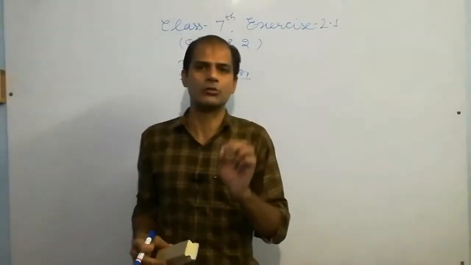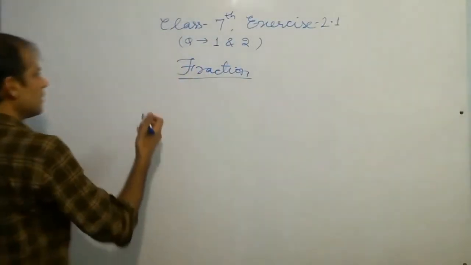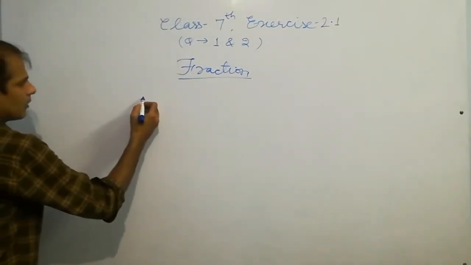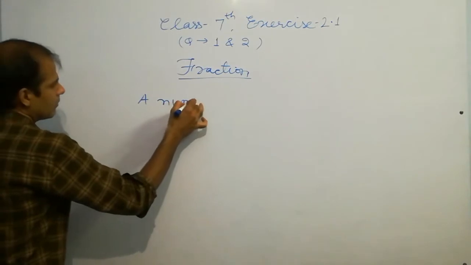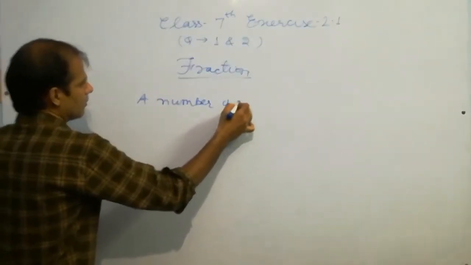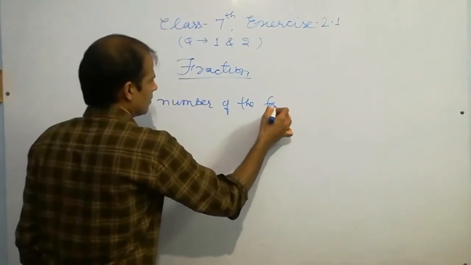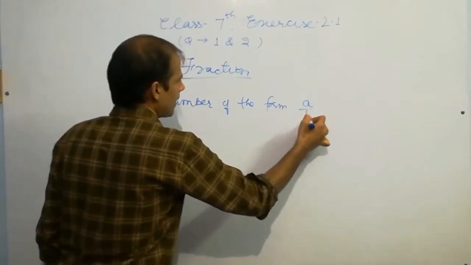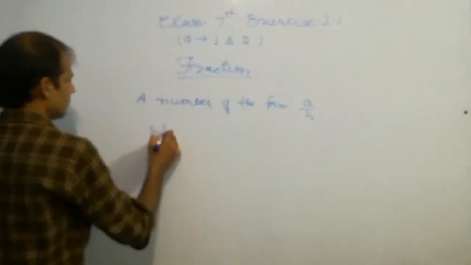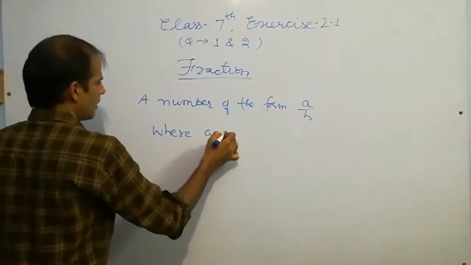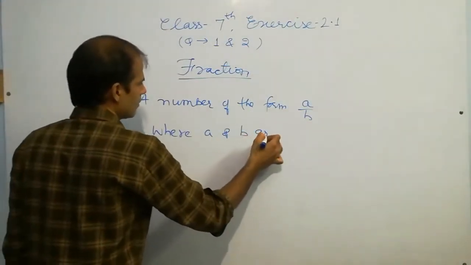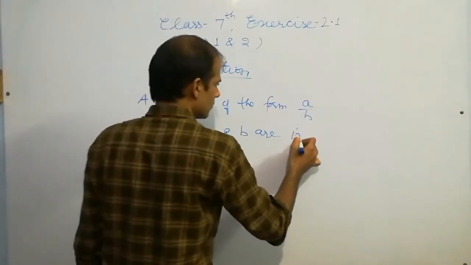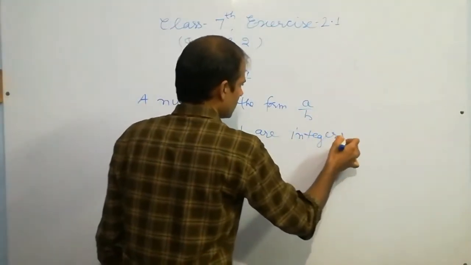This is a very important question. Fraction means a number of the form A upon B, where A and B are integers.